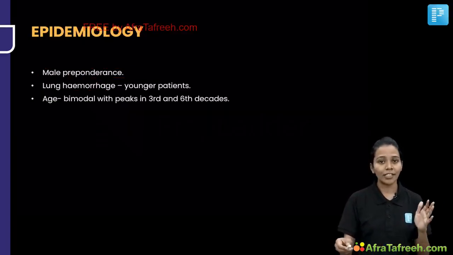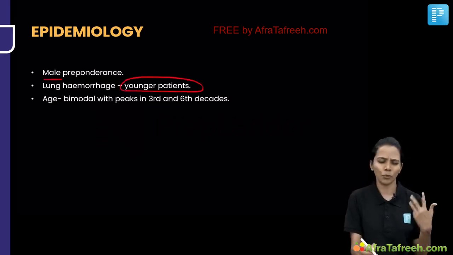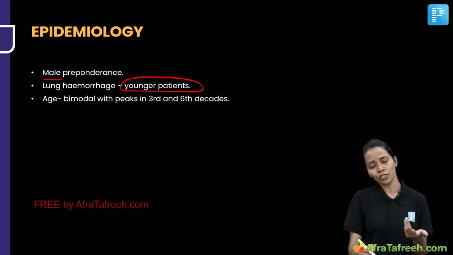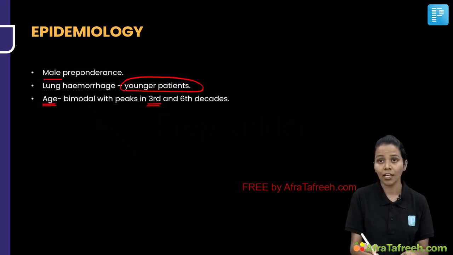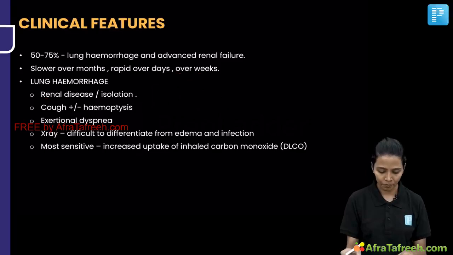Now, generally, we see male preponderance in this. Lung hemorrhage is seen in younger patients, who are prone to more smoking or occupation-related hydrocarbon exposure, so it is more common in them. And the presentation is bimodal: it can present in the third decade or in the sixth decade. So bimodal presentation of anti GBM disease, this you have to remember.